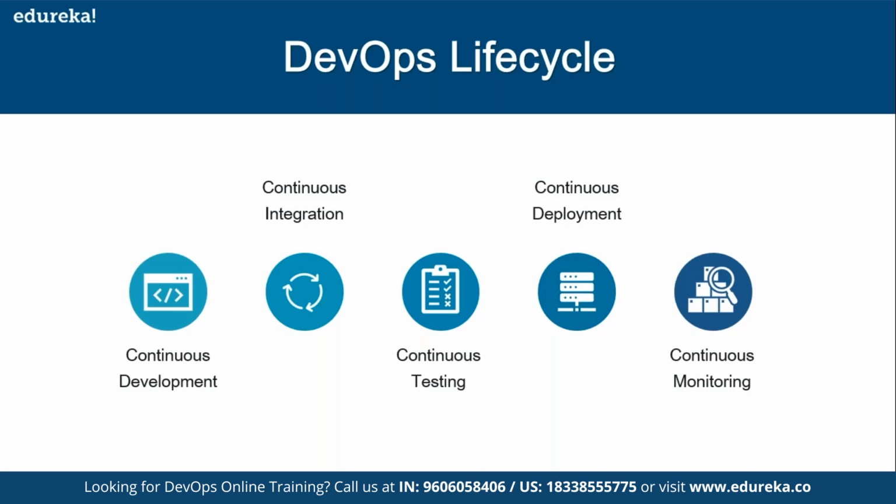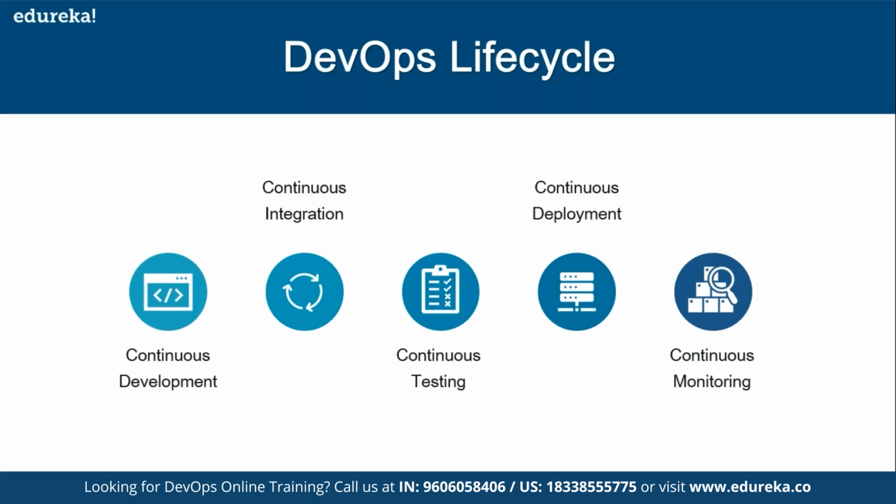Now, there are no DevOps tools that are required for the planning, but yes, there are tools for maintaining the code. Like you have Git, you have GitHub, right? All of these tools are made available to you. They are part of the DevOps life cycle.